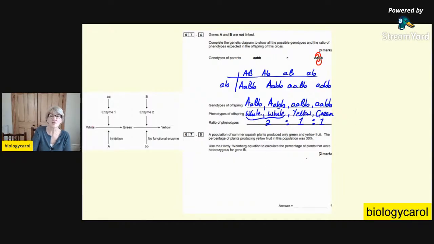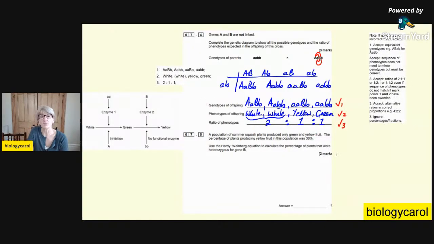Okay, so we've got those there. Ratio of the phenotypes, 2 to 1 to 1. Hopefully that makes sense, because we're doing the ratio of the phenotypes, not the genotype. So you can't write 1 to 1 to 1 to 1, because you've got to take into account that there's 2 genotypes that give rise to white phenotypes. Okay, all right, so I got the 3 marks there.